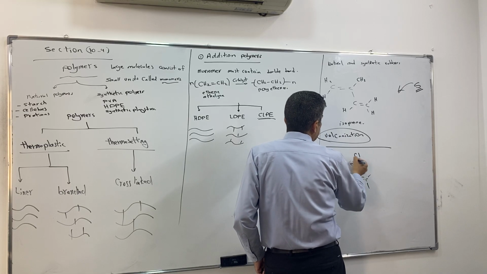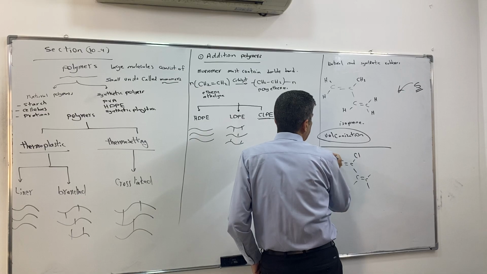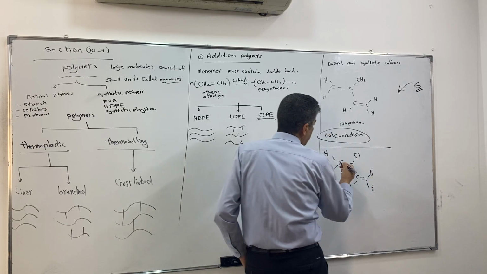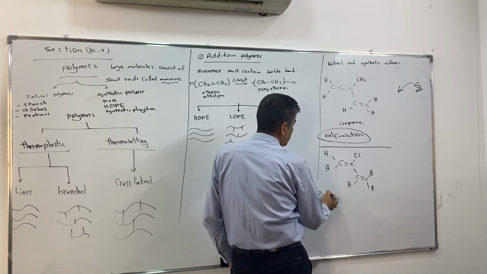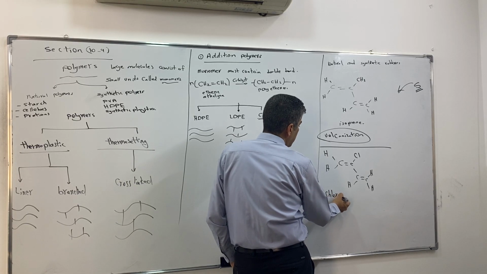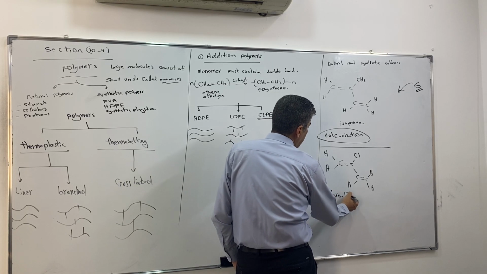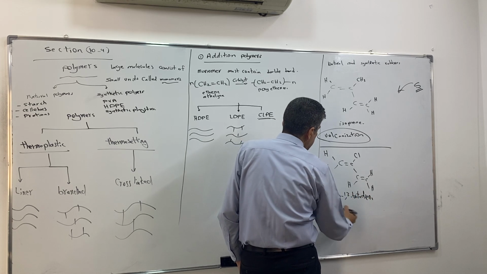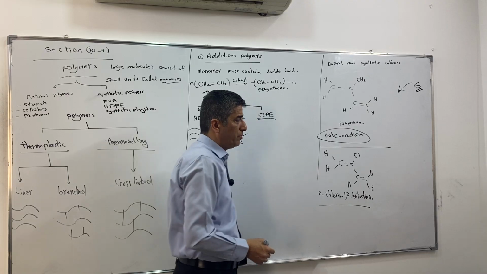So what is the difference? Instead of CH3 we have Cl. This compound is called 2-chloro-1,3-butadiene. This is the monomer of the synthetic rubber.